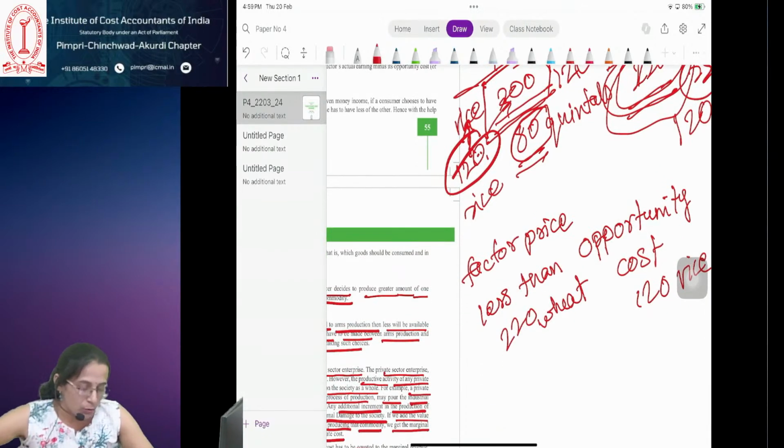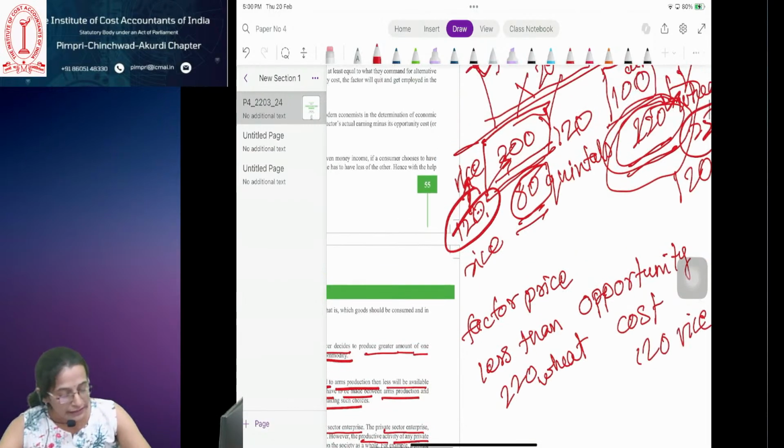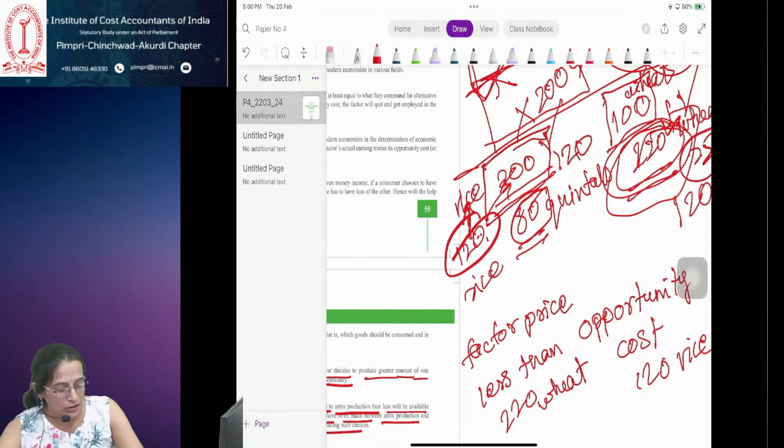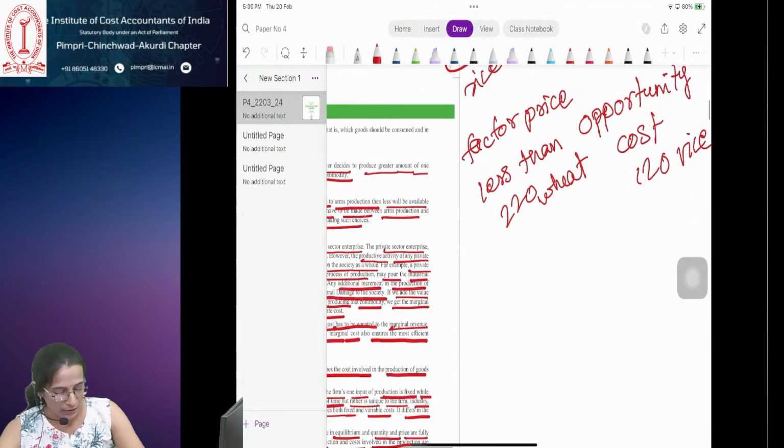Factor price means what, guys? The increase in that factor. Previously we were producing 100 wheat, now we are producing 220. How much is the increase? 120. So that is the 120 increase.